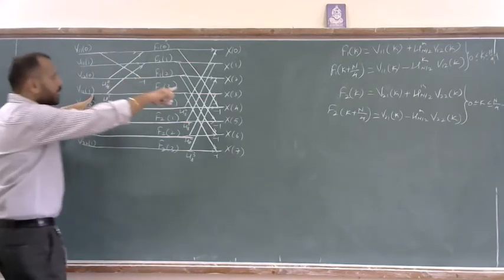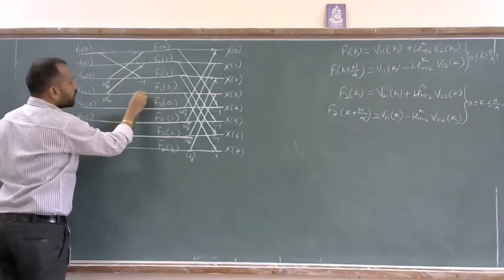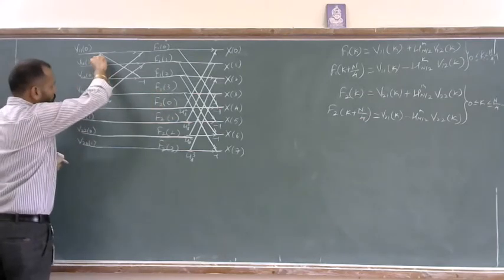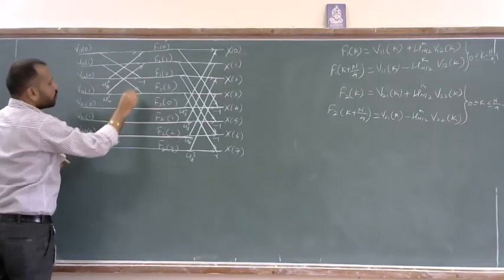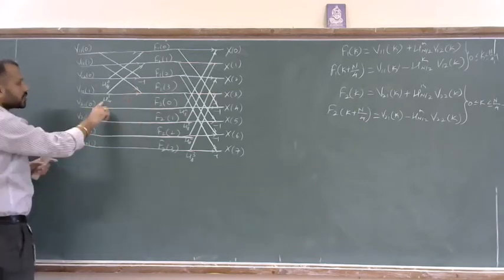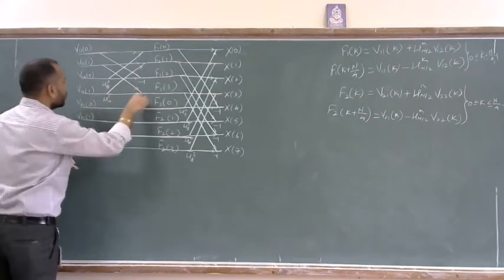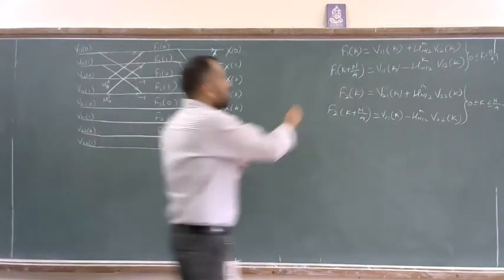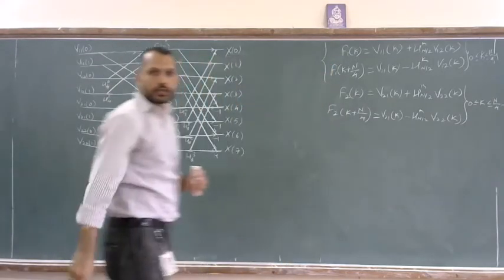And the second equation will give us f1 of 3, which will be equal to V11 of 1 minus W4 to the power 1 into V12 of 1. Now this connection will be given by these two equations.